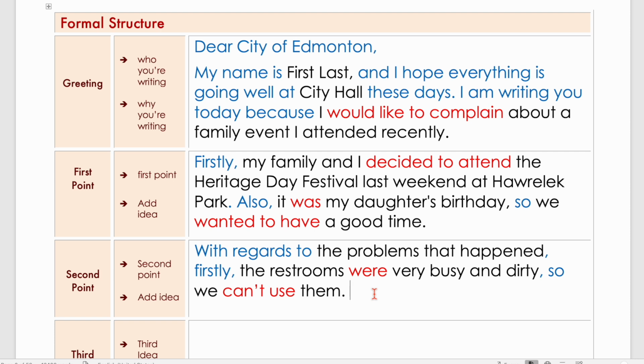Okay, there's the first problem. Notice the connection: with regards to means about. The restrooms were very busy. We can't use them or couldn't use them.